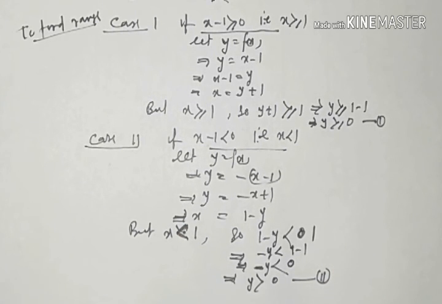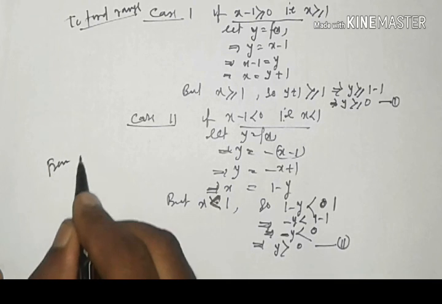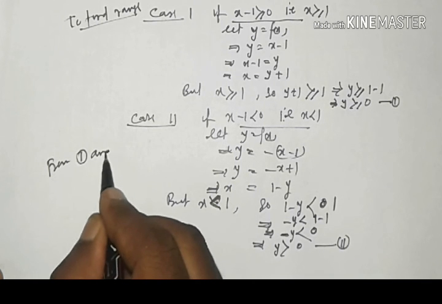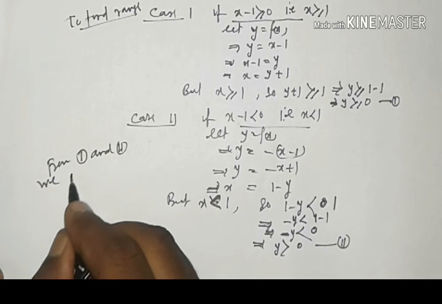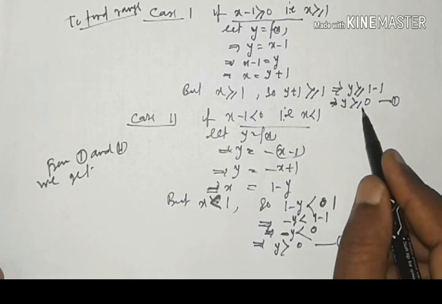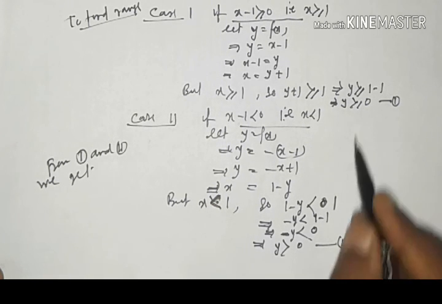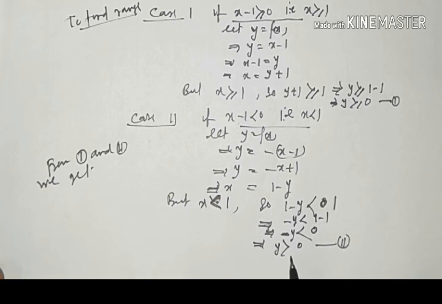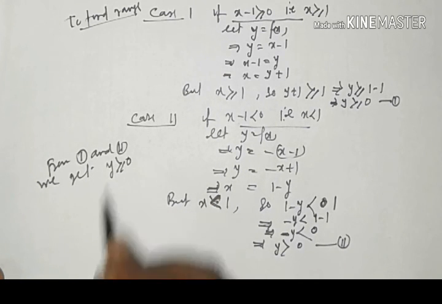From 1 and 2 we get y greater than or equal to 0. So we write y is greater than or equal to 0.